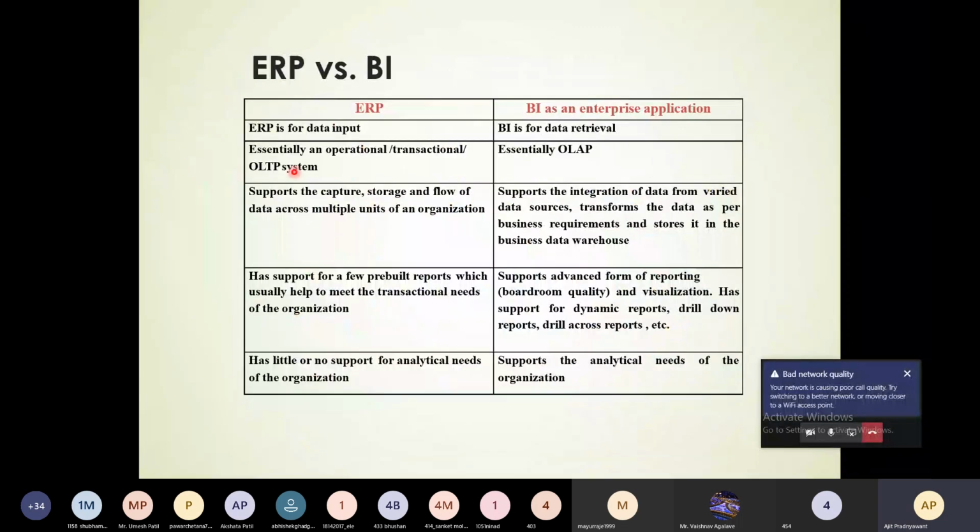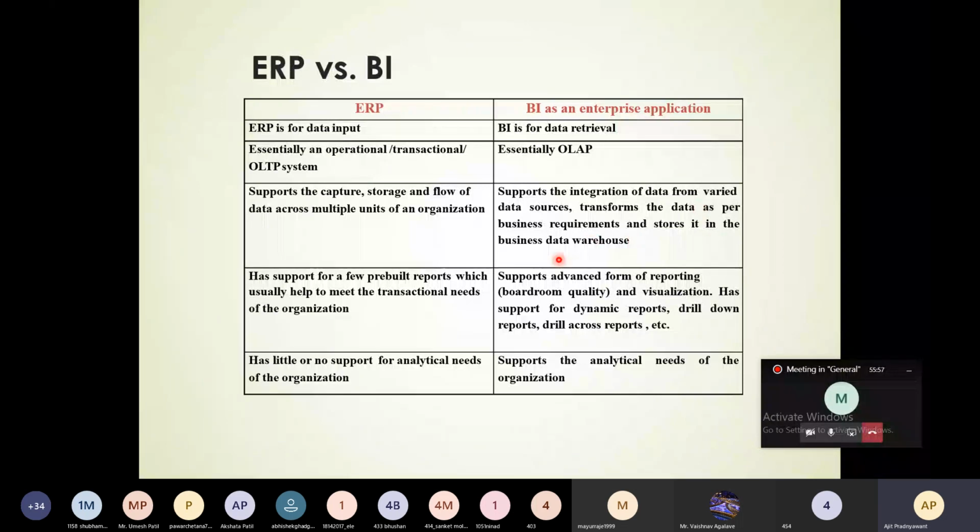It is just for your information, ERP versus business intelligence. ERP is for data input, whereas business intelligence is for data retrieval. Essentially, operational, transactional OLTP systems are used in ERP, while OLAP is used in BI. ERP supports the capture, storage, and flow of data across multiple units of the organization. Whereas BI supports the integration of data from varied data sources, transforms the data as per business requirements, and stores it in the business data warehouse.